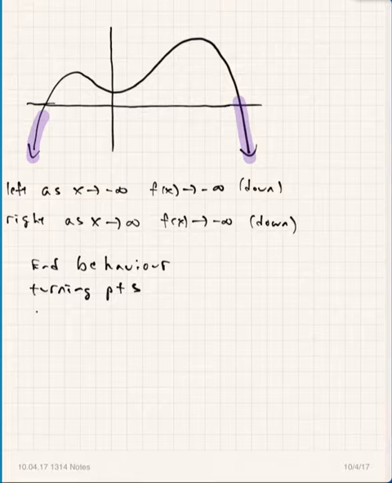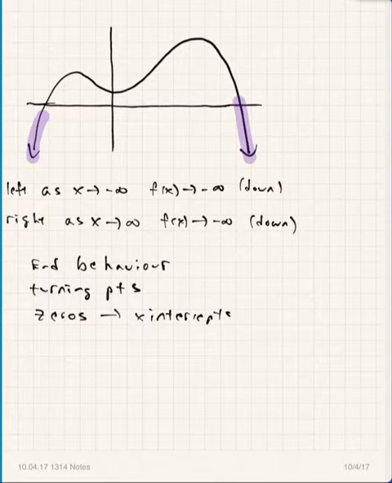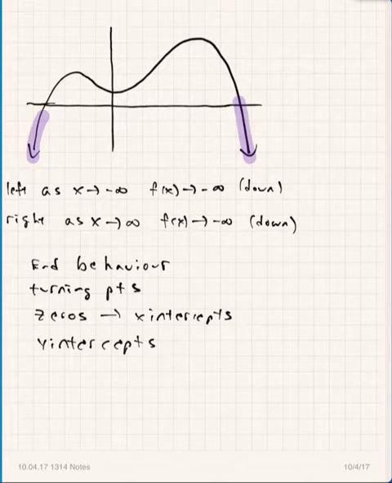And we also want to find the zeros for the polynomial function, in particular the x-intercepts, the zeros that give us x-intercepts. And we also want to be able to find the y-intercepts. So that's a rundown of the major things that we're going to be talking about as we're dealing with the graph of a polynomial function.